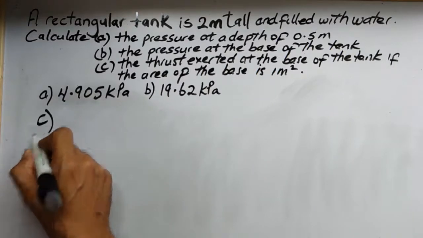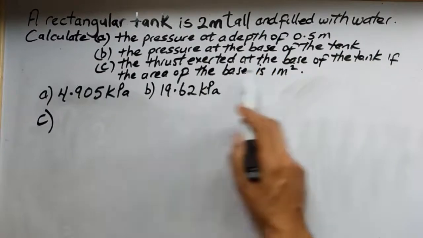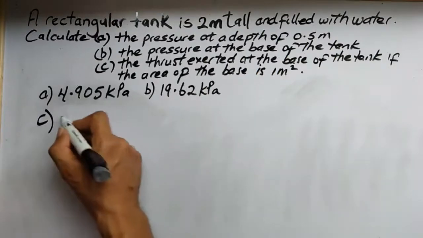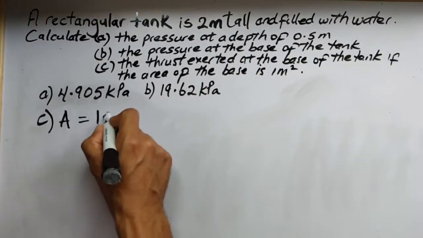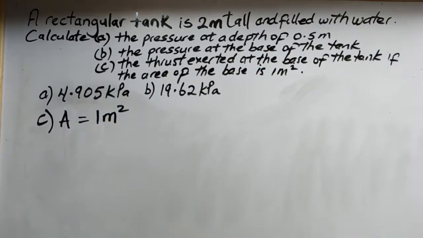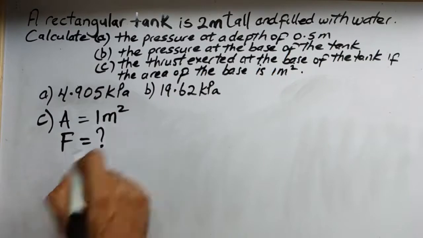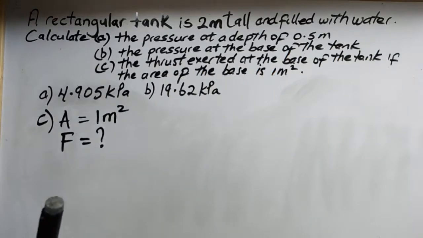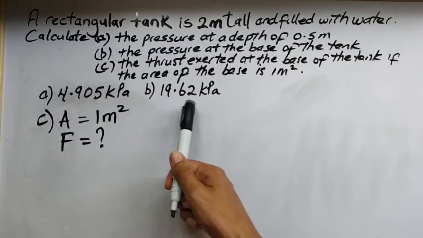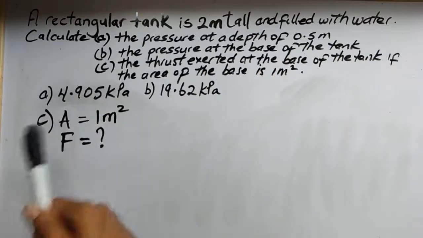So the information that we have for this part of the question is that the area is 1 meter squared, and we have to calculate the force at the base of the tank. Now we have the pressure at the base of the tank, and we know the area at the base of the tank.